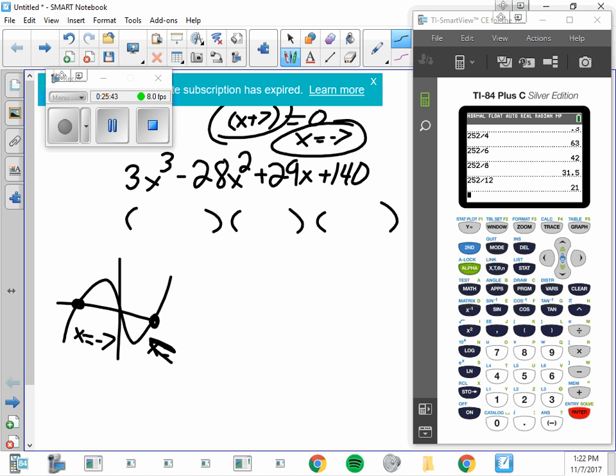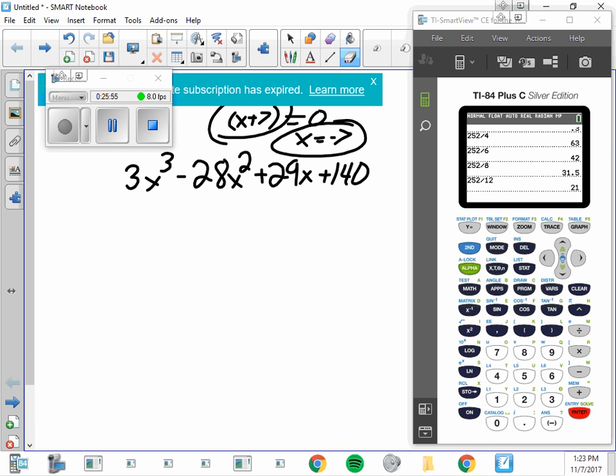Does synthetic division apply in this case? When can you use the shortcut division? When it's x plus a number or x minus a number. So I'm going to stick -7 in the corner, and I'm going to write down 3, -28, 29, and 140.